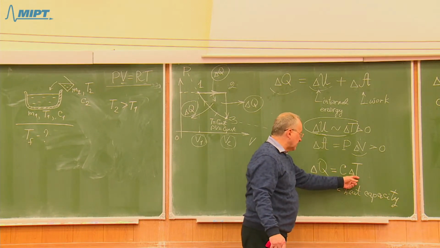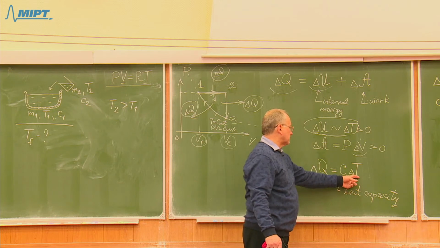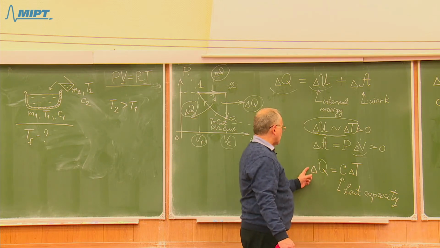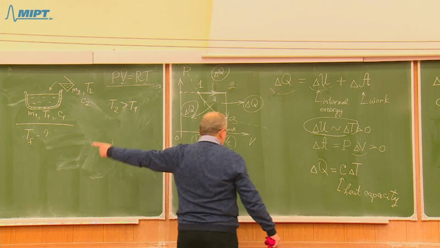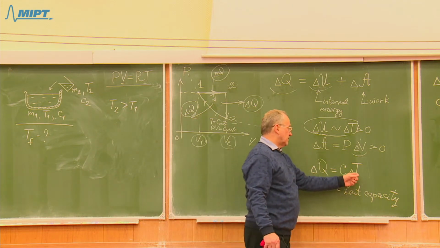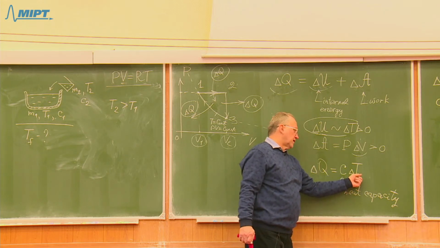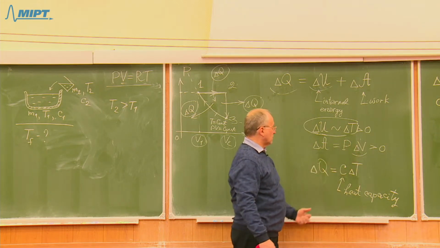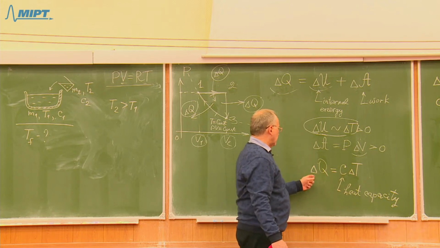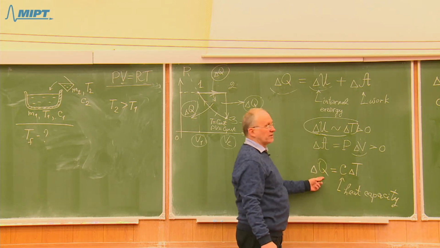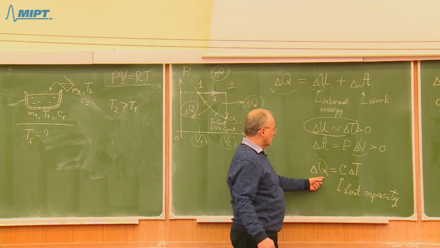If the temperature is increased, then delta T is positive, and the liquid will have to absorb some heat energy from the surrounding bodies, from another liquid. But if the change in temperature is negative, that is, when temperature falls, then delta T will be negative. Then the heat energy will be released by the cooling substance.